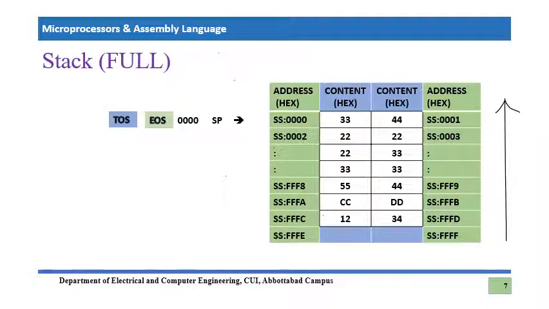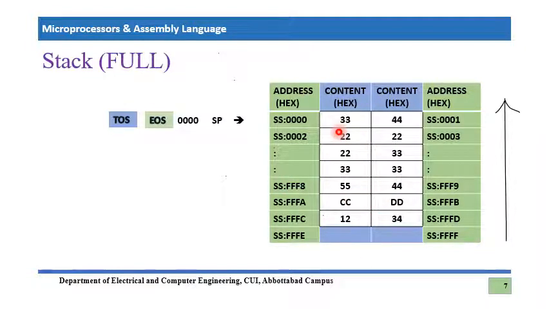Now let's consider we have filled the stack with a lot of information. Again, these 2 bytes are highlighted because we are just interested to show that these two locations will never be used for storage. Whatever information is stored inside the stack will be stored at 1234, CCDD at this address, 5544 at this address, and similarly the whole stack is full.